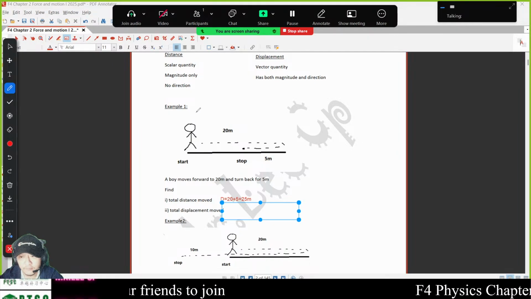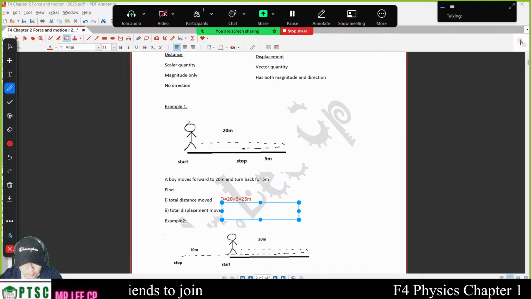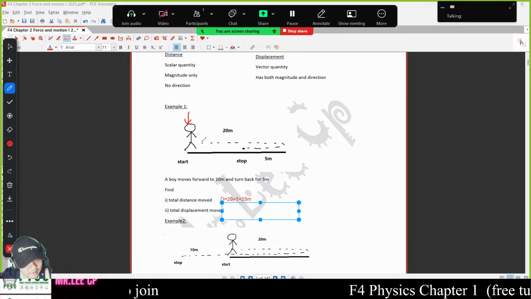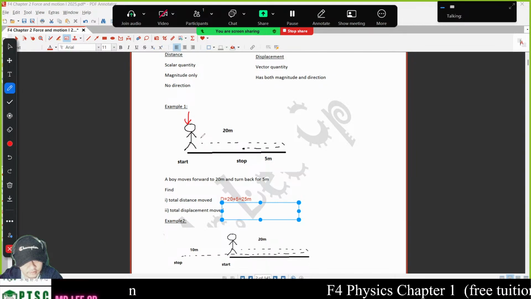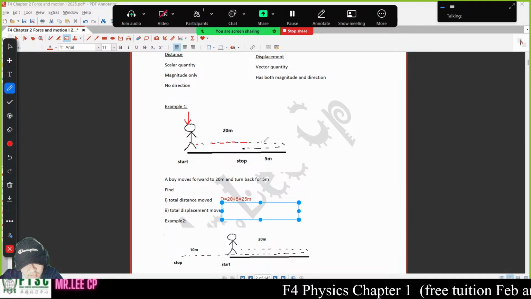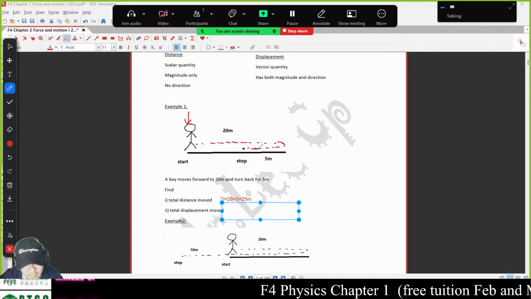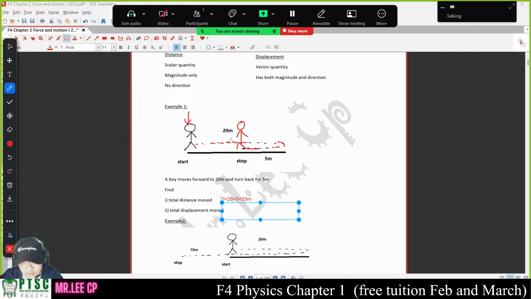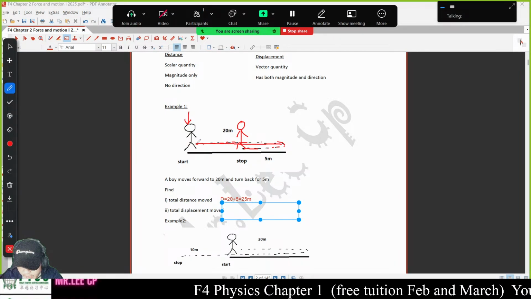Now you open your eyes, you see I am here. Then you close your eyes, so you cannot see how I move. Don't open your eyes. All right, stop, open your eyes again. So I am here. You don't know that I moved from here to here.